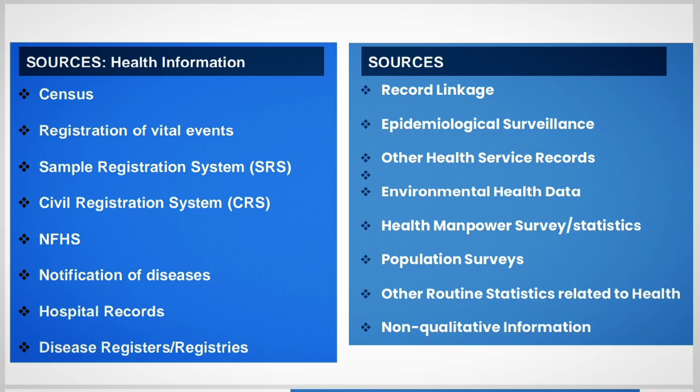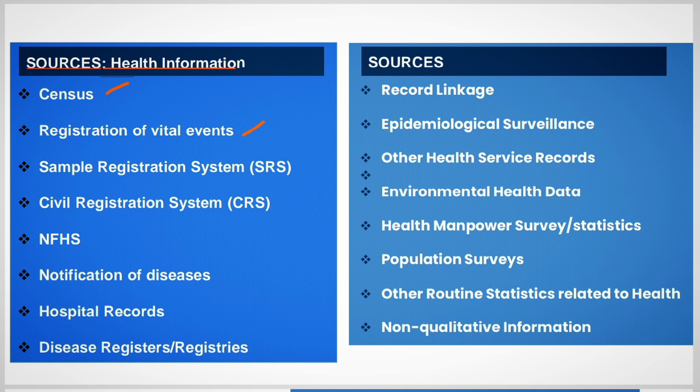Now let's see what are the sources of health information. So there are multiple sources of health information, which include census, which happens every 10 years, the registration of vital events, which comes under the Registration of Birth and Death Act.